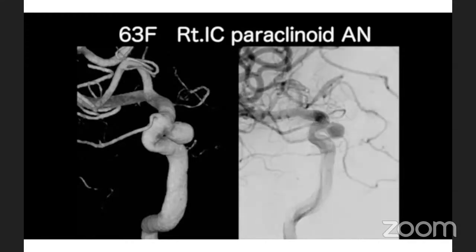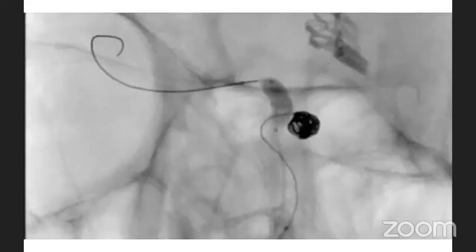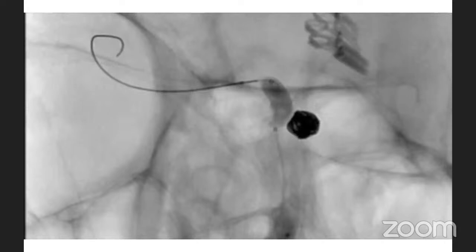This case is right IC paraclinoid wide neck type aneurysm. Coils are inserted without any protrusion by balloon-assisted technique.